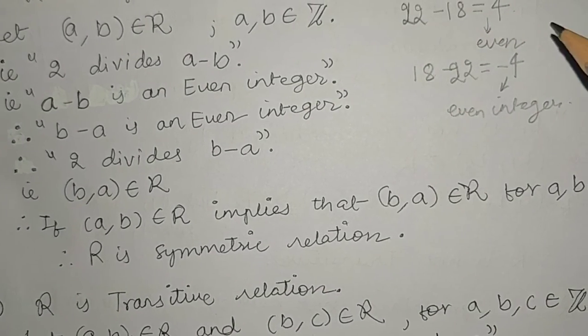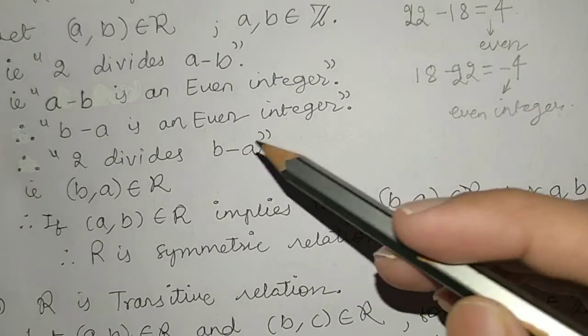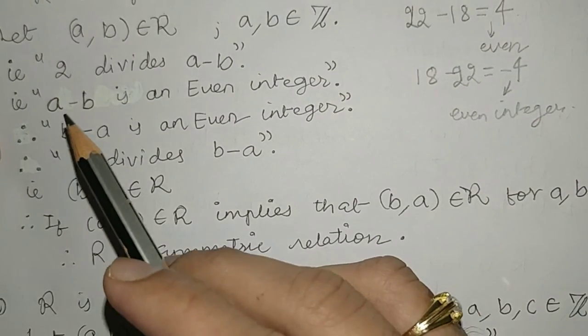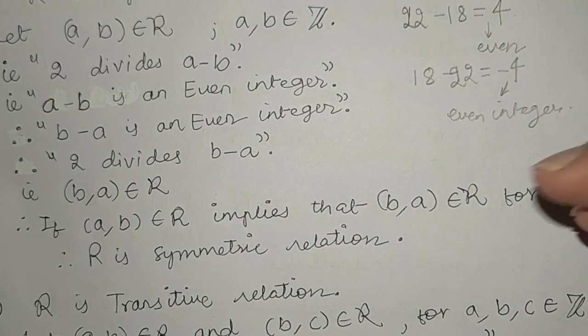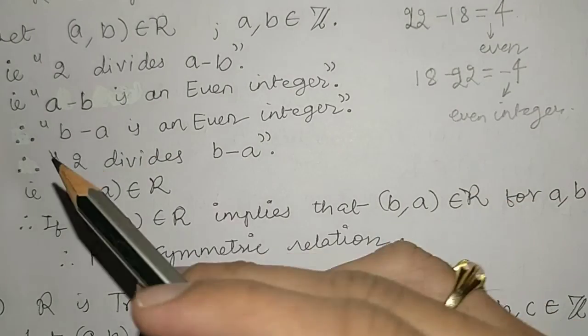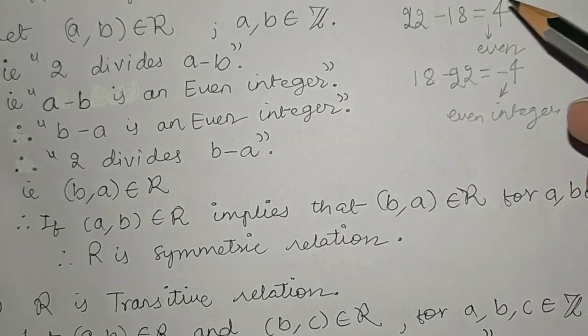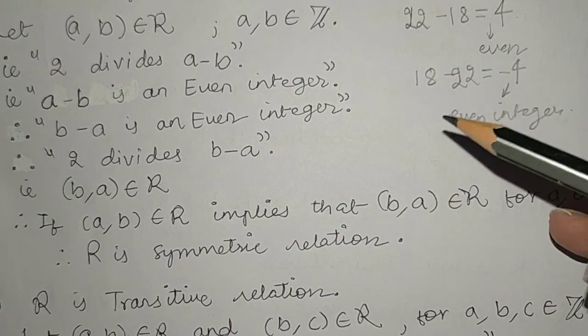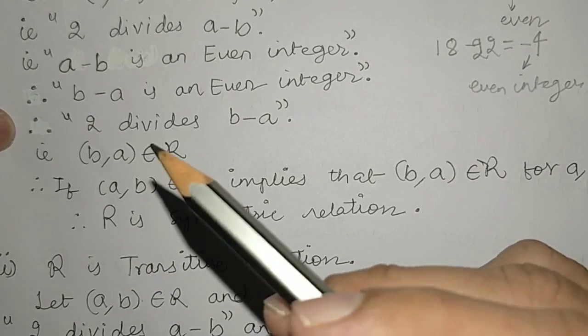I have given just one example, but it is true for every such difference. That you have to understand. I have taken one example and checked, but you have to know that it is true for every difference which we take.